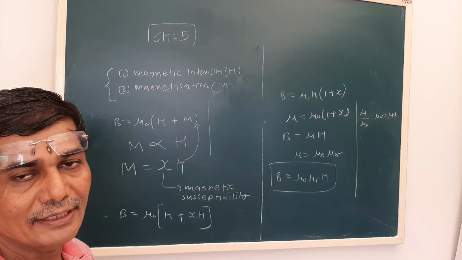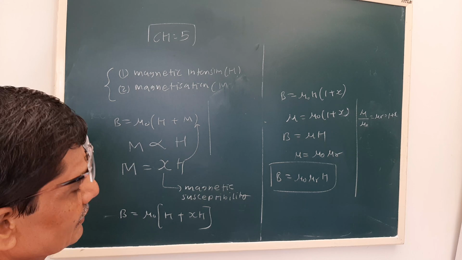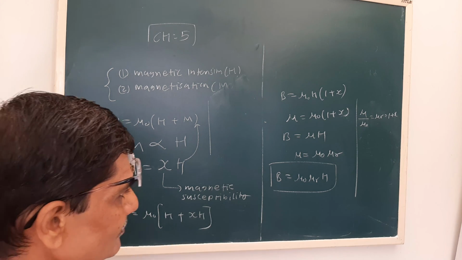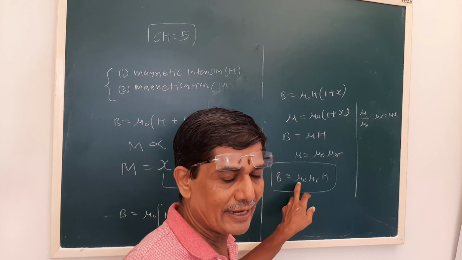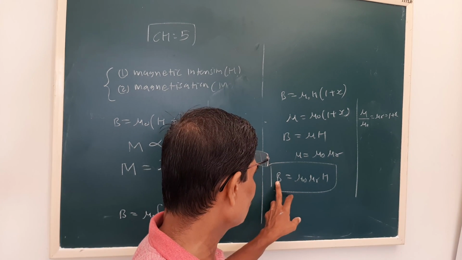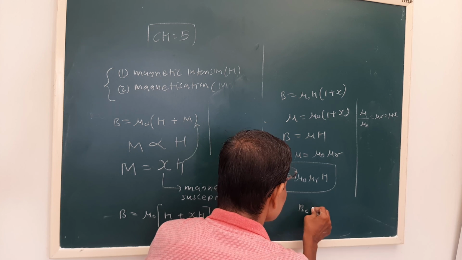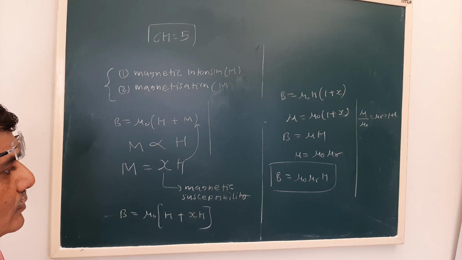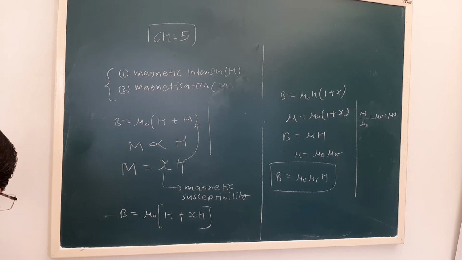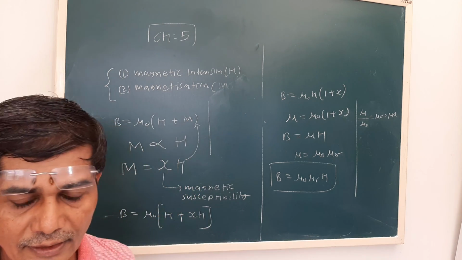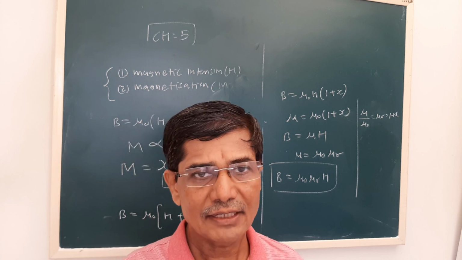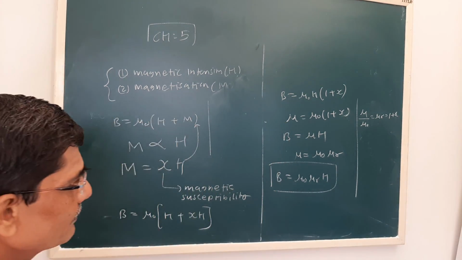Whenever any material is placed inside the solenoid, some additional magnetic field will be produced. Earlier, only air was the medium, so we had the equation B is equal to B0, which was mu 0 H. But because of the magnetic property of the material, now the equation is B is equal to mu H. So this is about the magnetic intensity H and the magnetization M, and we have established the relation between them and the magnetic property.